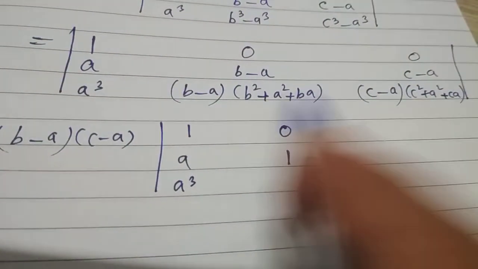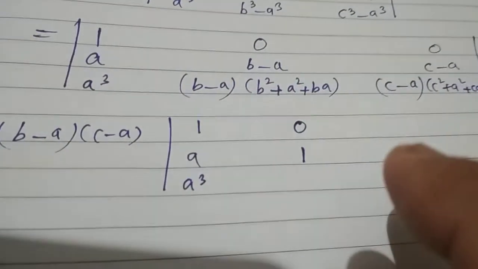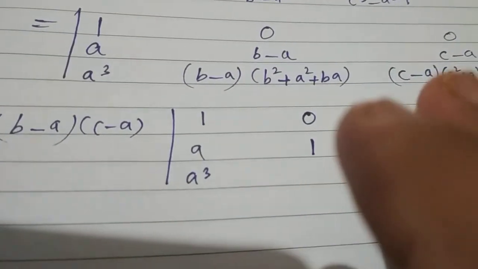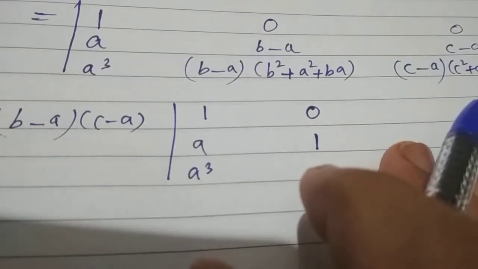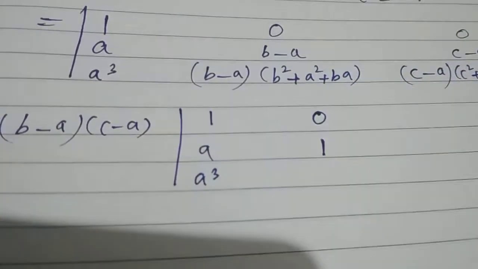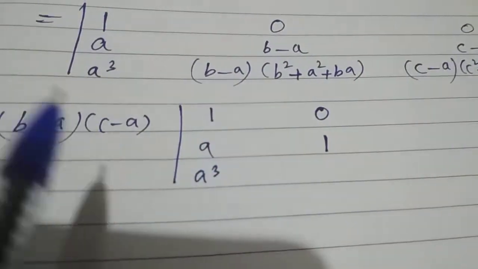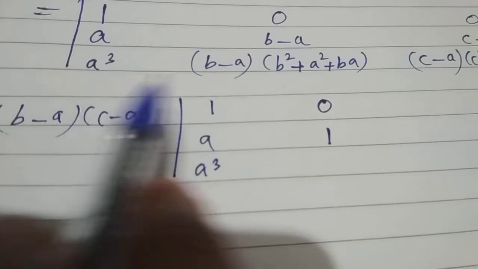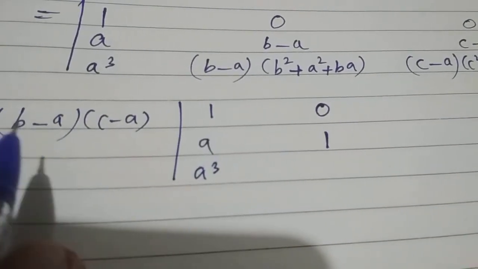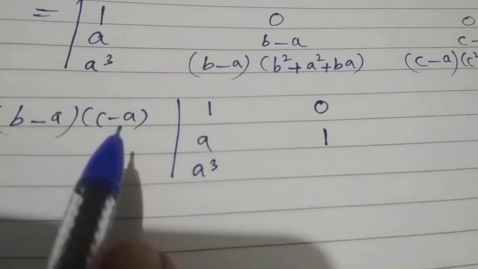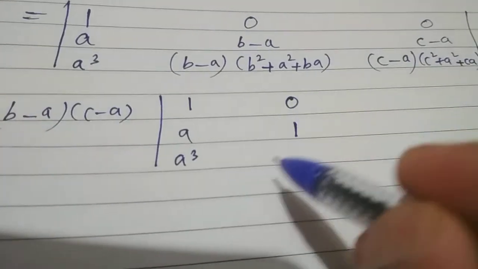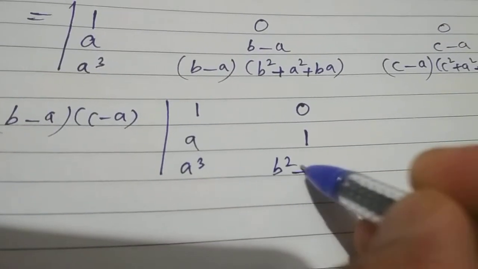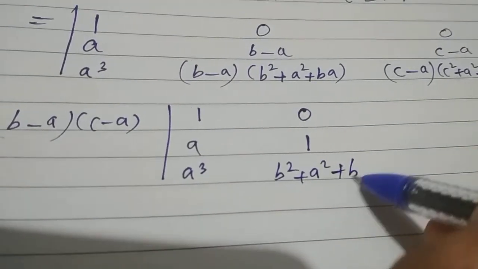But dividing by these two factors will change the value of the determinant, so in order to balance, I am going to write these two factors b minus a into c minus a outside. So I will write it like this, b square plus a square plus ba.